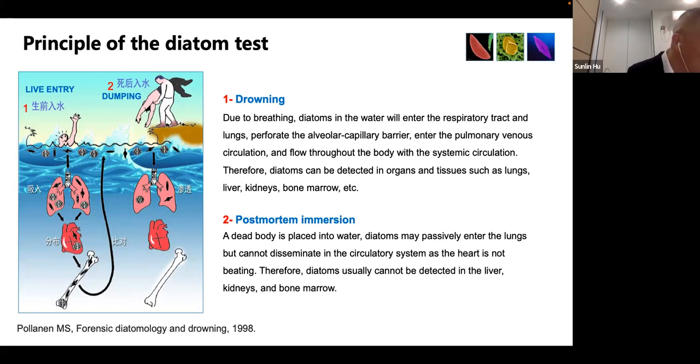Therefore, diatoms can be detected in organs and tissues such as lungs, liver, kidneys, bone marrow, etc. While under circumstance 2, namely post-mortem immersion, the dead body is placed into water. Diatoms may passively enter the lungs, but cannot disseminate in the circulatory system as the heart is not beating. Therefore, diatoms usually cannot be detected in the liver, kidneys, and bone marrow.